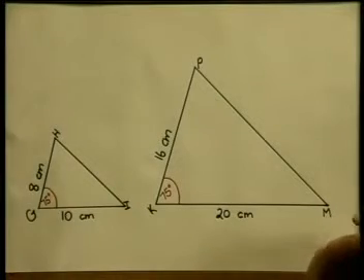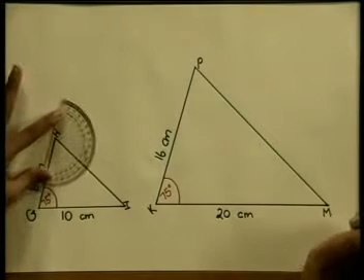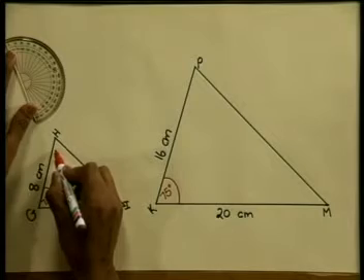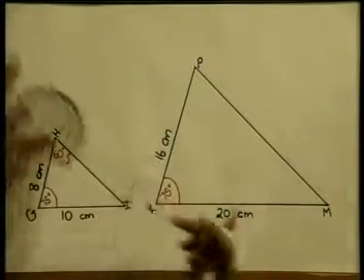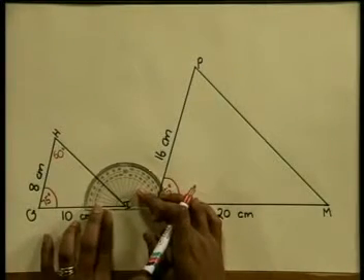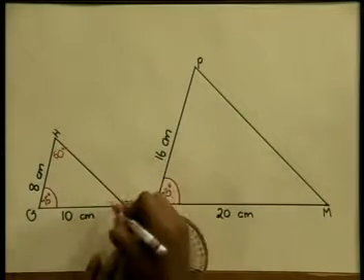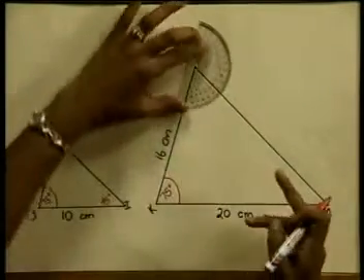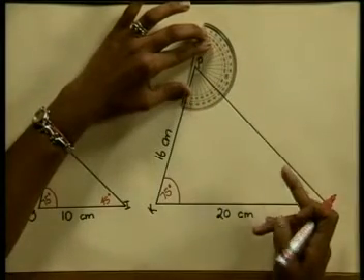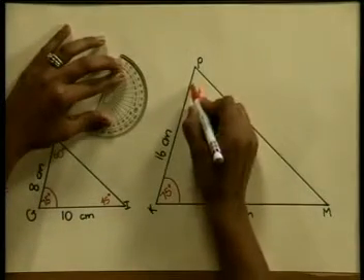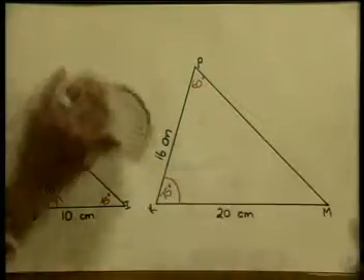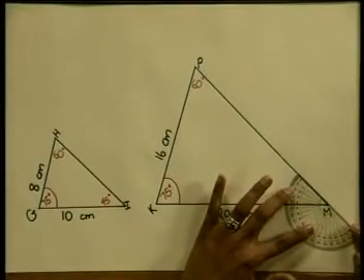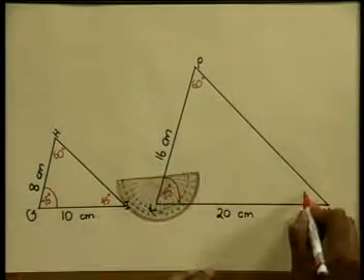Using our protractor, let's measure the angles. Start off at angle H. Angle H is 60 degrees. Angle I is 45 degrees. Let's measure angle P. Angle P is 60 degrees. And our last angle at M is 45.